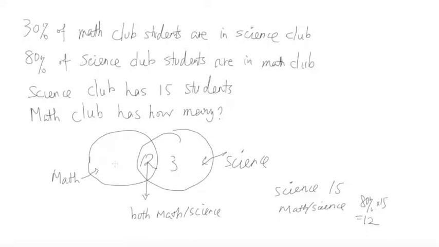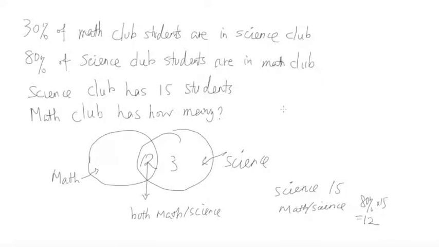Well, how many are left in this circle? We have one more condition we didn't look at. We used the condition that 80% of science club students are in math, and the condition that science is 15. The last condition is that 30% of math students are in science.